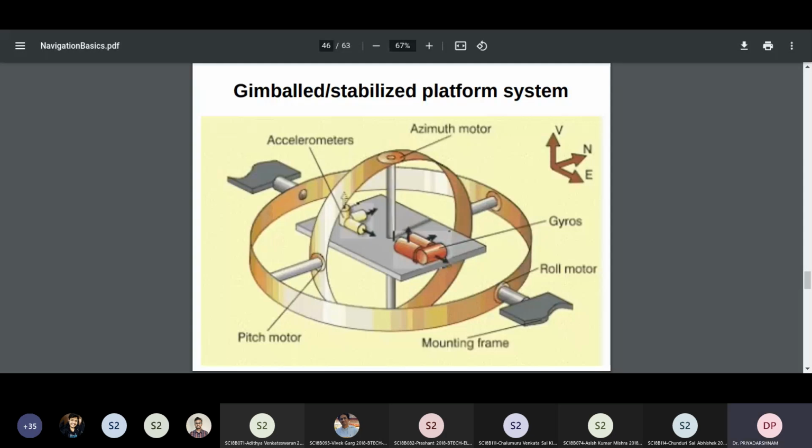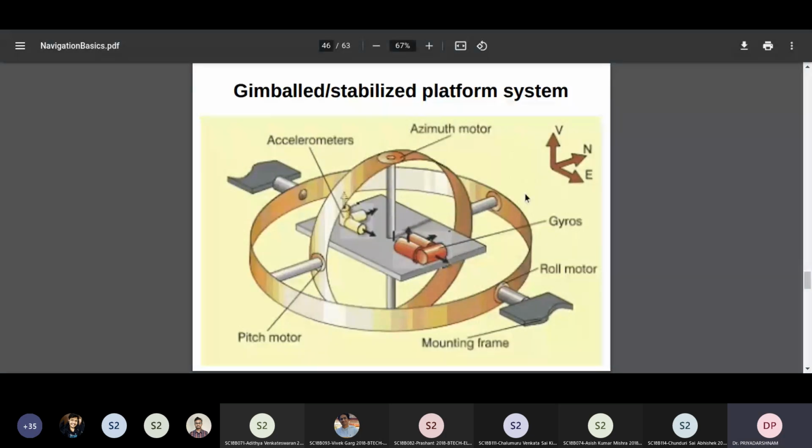So let us first assume that along whatever axis we indicated, you have a frictionless bearing. Frictionless bearing means what would happen? You imagine along the east axis, suppose the launch vehicle is rotating with respect to the E axis. Then what would happen?